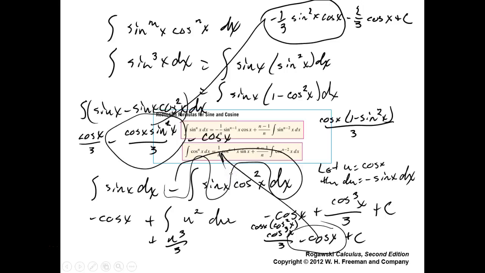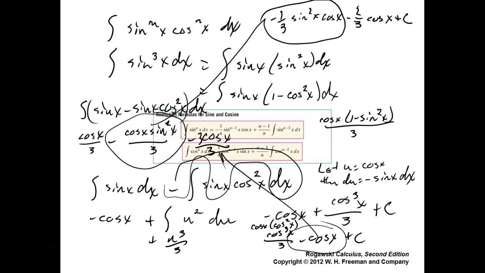Well, a minus cosine x would be minus 3 cosine x over 3, wouldn't it? Because you have a cosine x over 3 here, I'm going to write this minus cosine x as minus 3 cosine x over 3. Isn't that the same thing? 3 over 3 is 1. Okay, so now we have 1/3 cosine x minus 3/3 cosine x, which will be a minus 2/3 cosine x. So yeah, they are exactly the same. They don't look the same, but they are exactly.